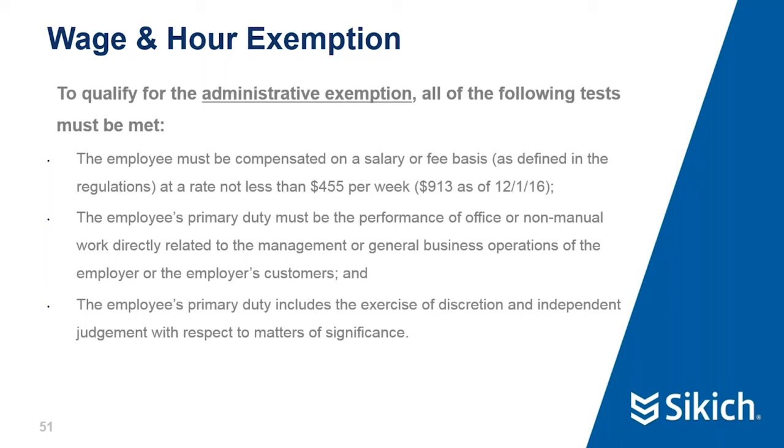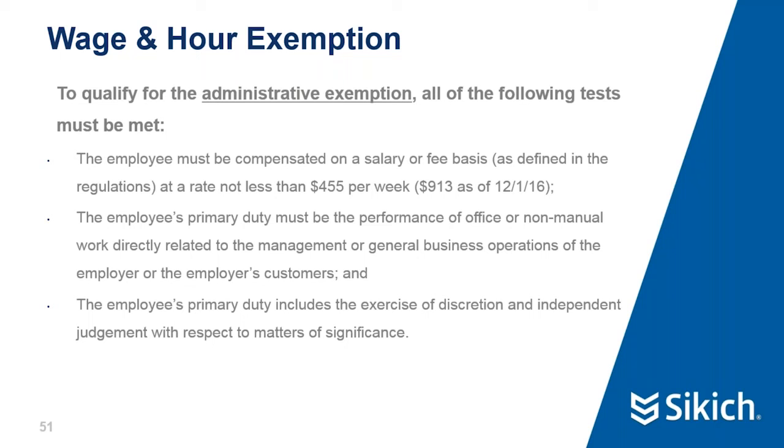To qualify for an administrative exemption, in this case, this employee must meet all of these requirements. They must be compensated on a salary or fee basis, the $913. Their primary duty must be the performance of office or non-manual work directly related to management or general business operations of the employer or the employer's customers.